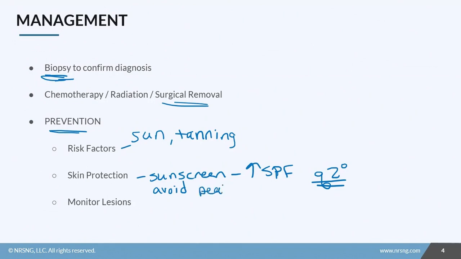Avoid the peak UV times. Usually it's somewhere between 10 a.m. and 2 p.m. depending on what part of the country or what part of the world that you live in. And then, like I said, we want to teach them to monitor their lesions, notify a provider before it gets too severe. Again, if melanoma metastasizes to other organs, it's actually one of the hardest cancers to treat in other organs, and it can be very deadly.